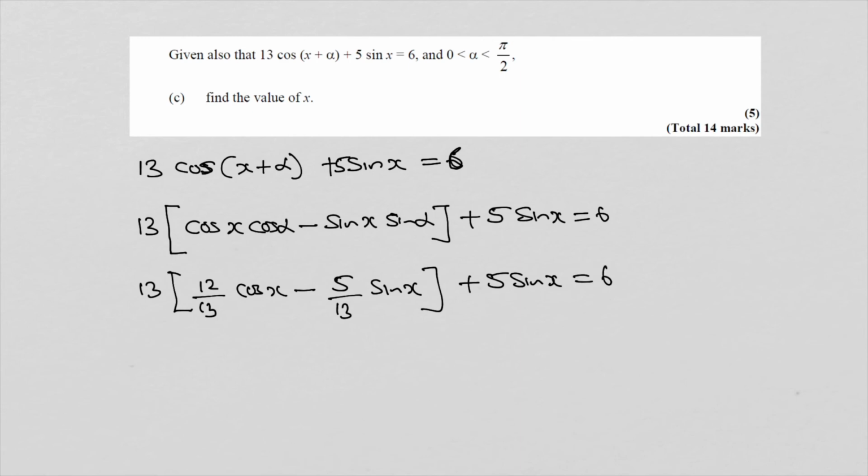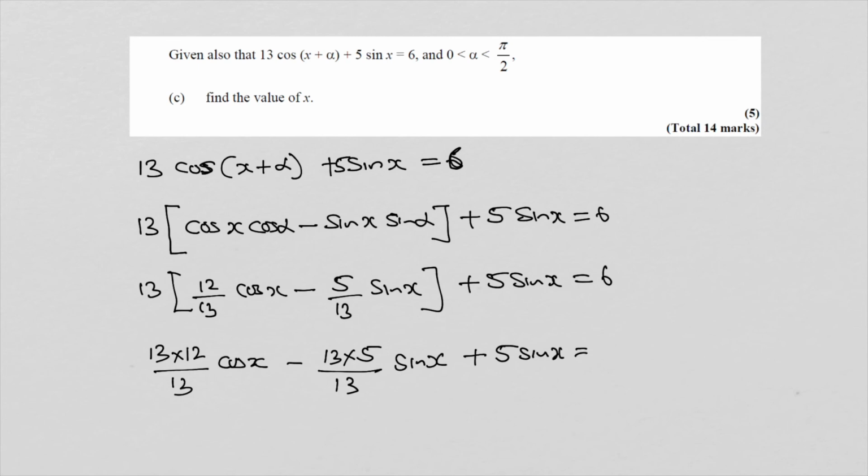If I multiply everything by 13, I get 13 times 12 over 13 cos x minus 13 times 5 over 13 sine x plus 5 sine x equals 6.